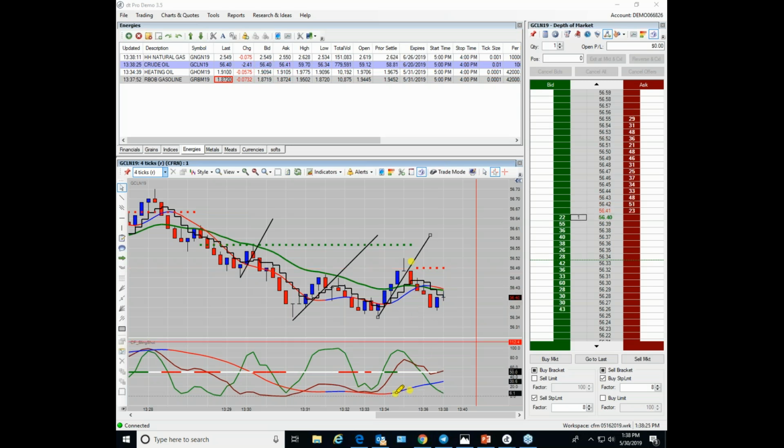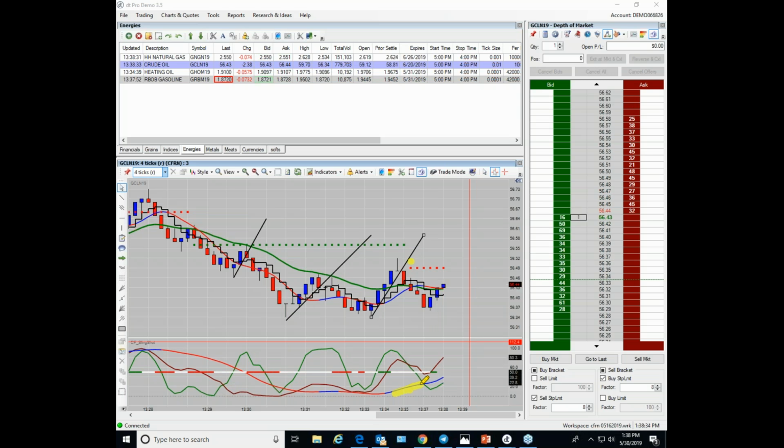Number one, the cycle's the wrong color. Now we know that waters down the probability, but now it's at a 45-degree angle against us. We're swimming against the tide. When that happens, that is disqualifier number two. We take no action.